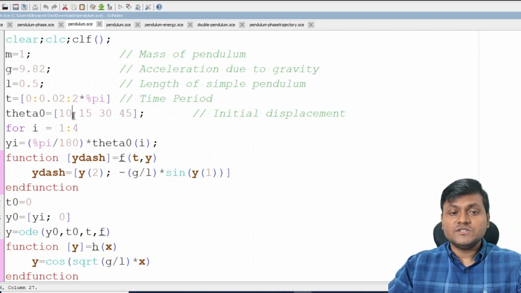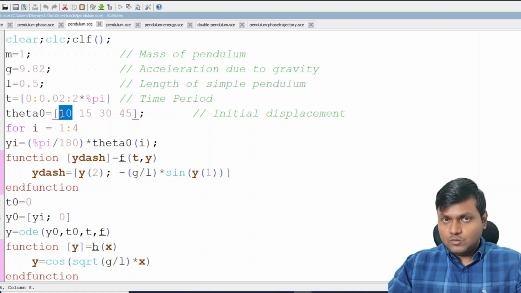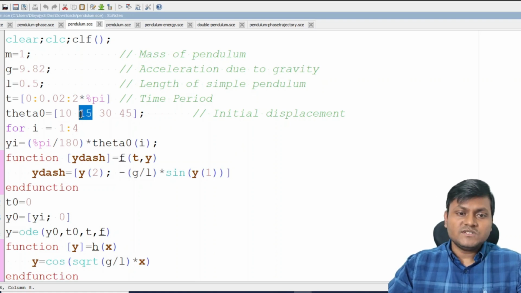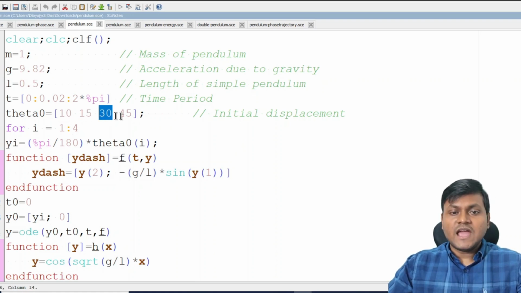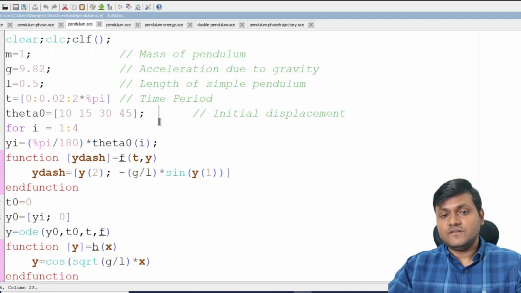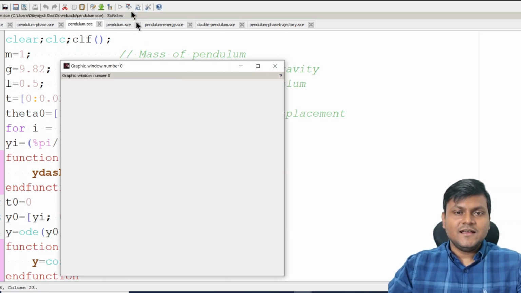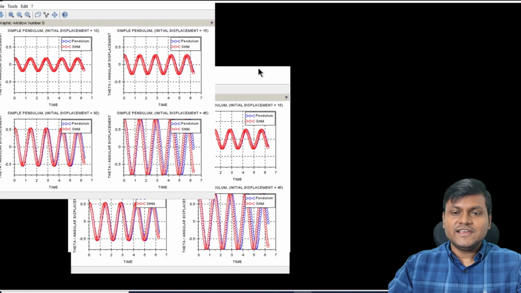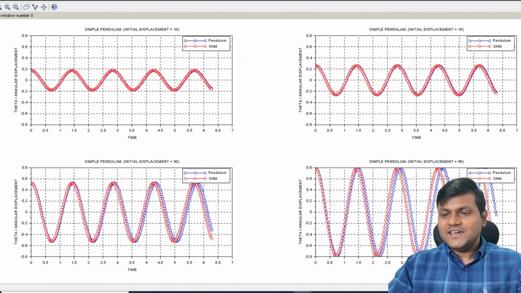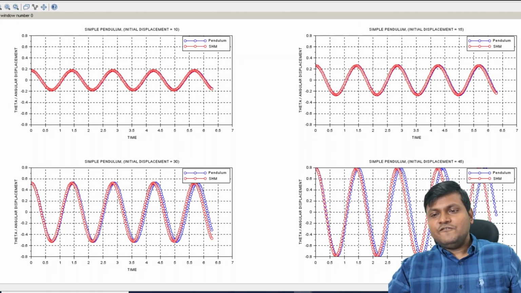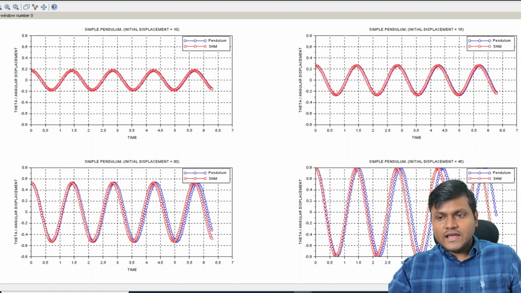If the pendulum is displaced by 10 degrees, what is the nature of its solution? If the pendulum is displaced by 15, 30 and 45 degrees, what is the nature of its solution? Let us take a look. So here you can see the 4 different solutions for theta equal to 10, 15, 30 and 45 degrees respectively.